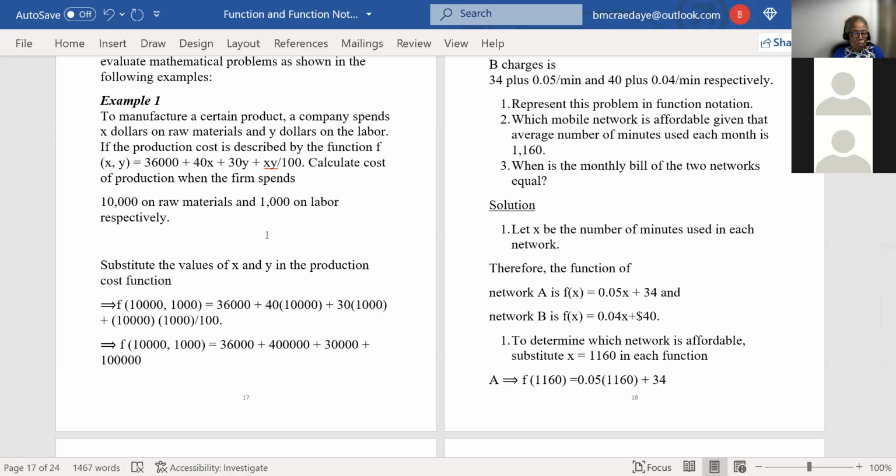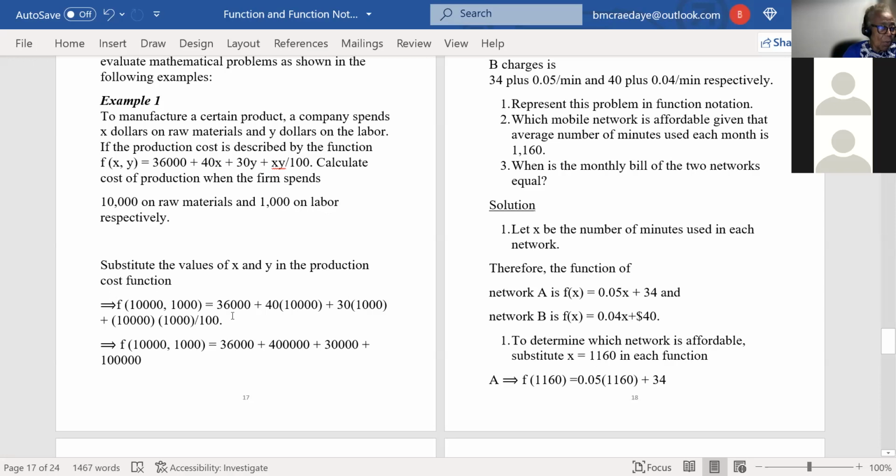If the production cost is described by the function f(x, y) equals 36,000 plus 40x plus 30y plus xy/100, calculate the cost of production when the firm spends $10,000 on raw materials and $1,000 on labor, respectively.